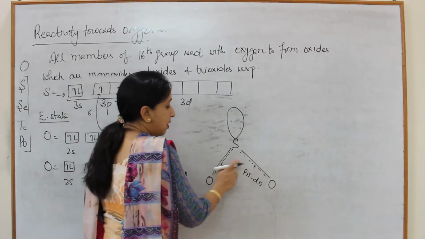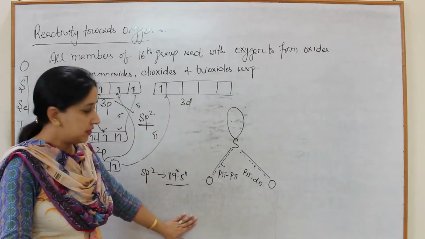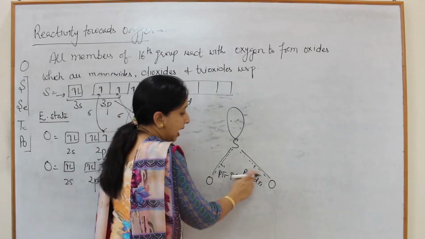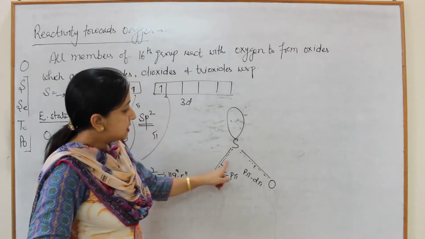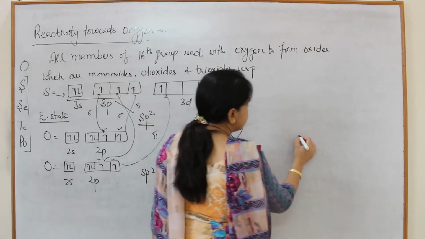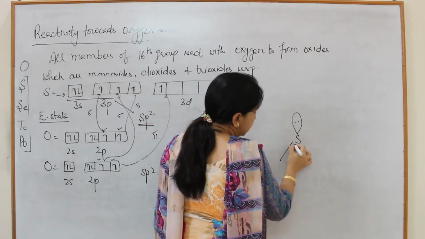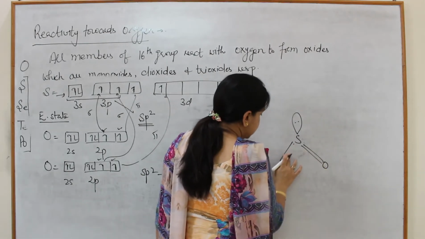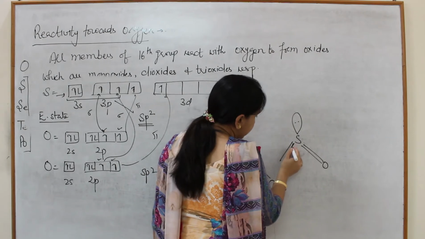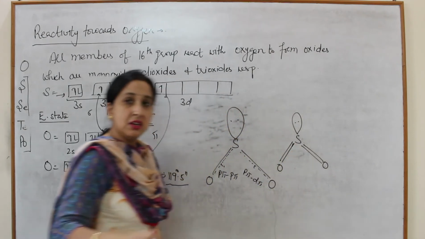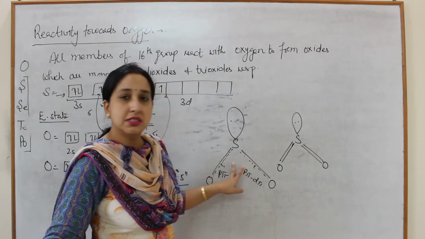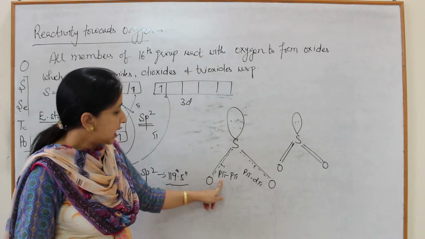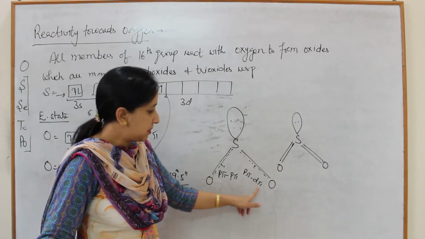So these bond lengths should be different, but experimentally it is found that these pi bonds are of the same bond length, meaning sulfur has the same type of bonding on both sides. So because of the same bond length, we can say that there is resonance. Means it can be also p pi-d pi and it can be also p pi-p pi.